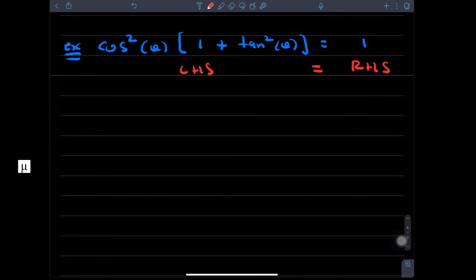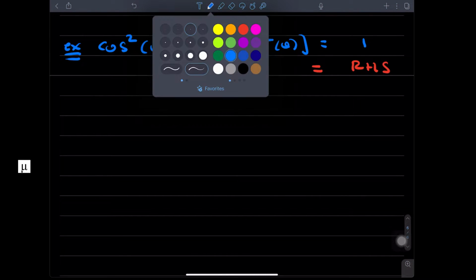So what do you guys think the more complicated side is? The left-hand side, is that right? What the author does, he gives you always, I didn't say always, you make that judgment call. I think most of the time he puts the more complicated side on the left. They want you to prove that this is, so here's a proof.